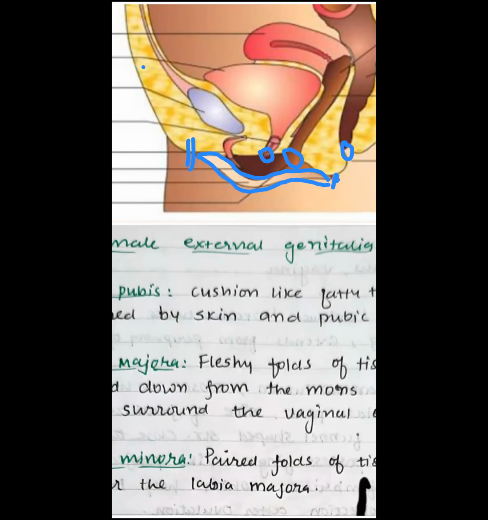See, up to here I showed you the mons pubis. Where it ends, the labia majora start and extend down. They surround these openings, mainly the vaginal and urethral openings. Inside them, on the inner side, there are the labia minora.